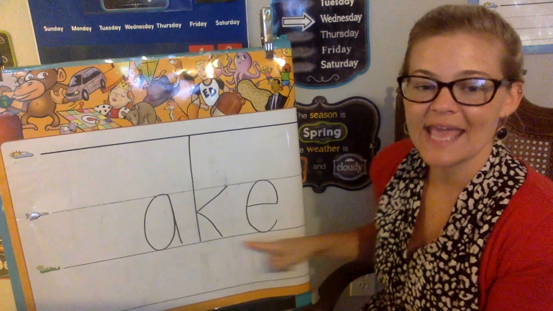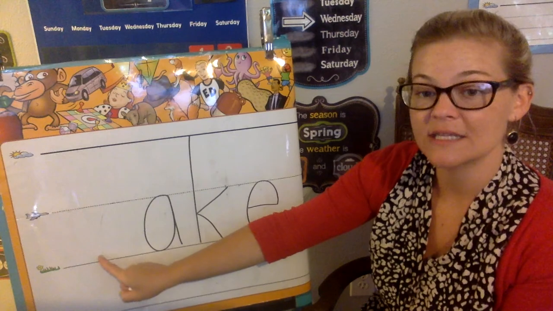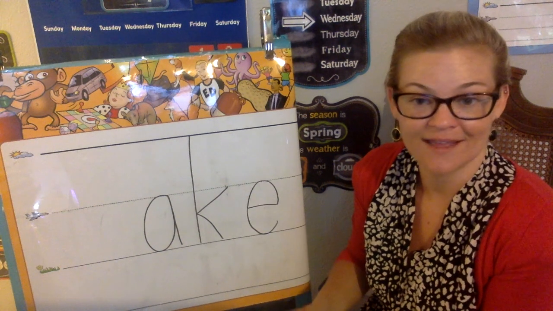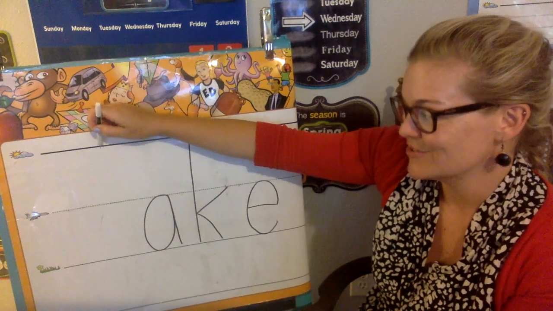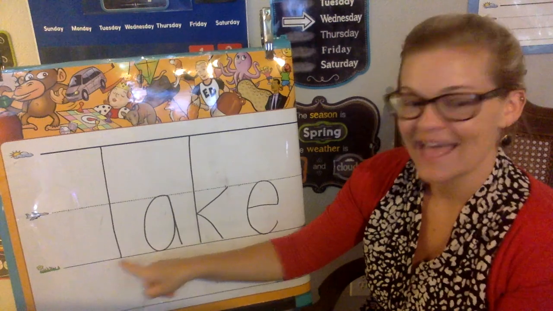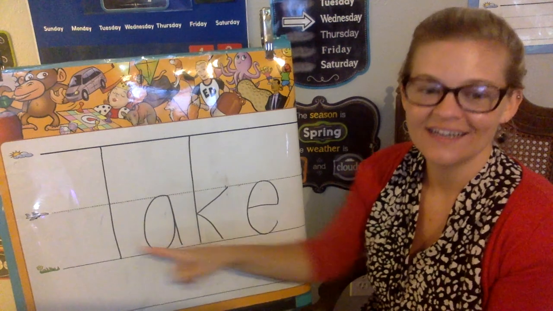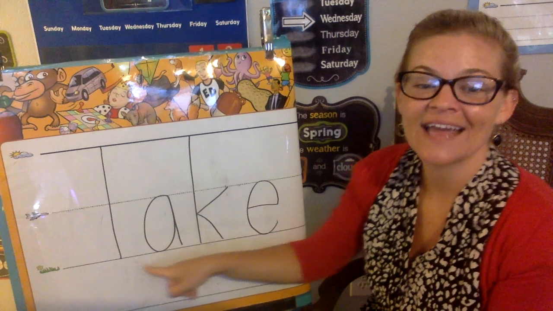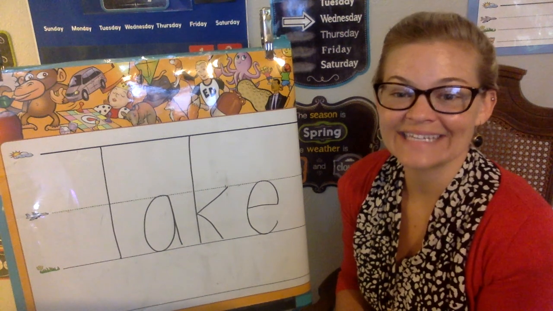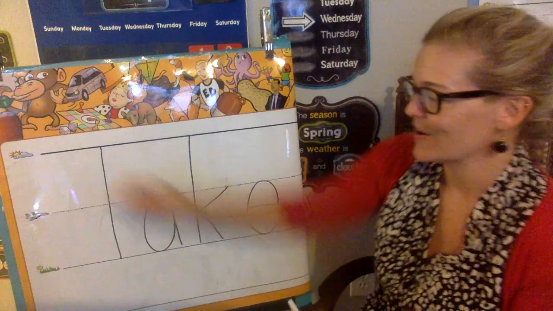We already have the ache part, so we just need the l part. What letter makes a L sound? All right, did you write an L at the beginning? So now we have L-A-K-E. L, l, ache, lake. Like I went to a lake to find toads and frogs.